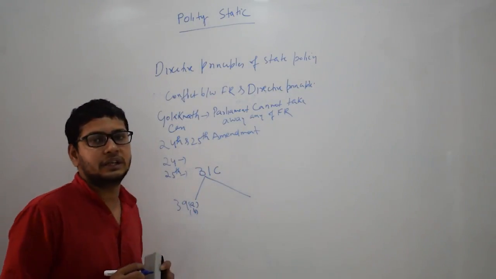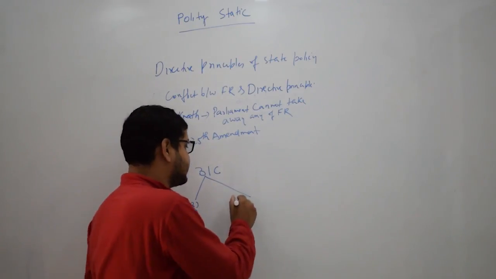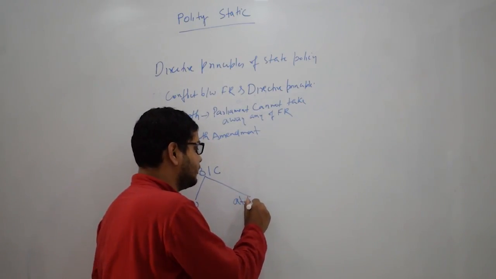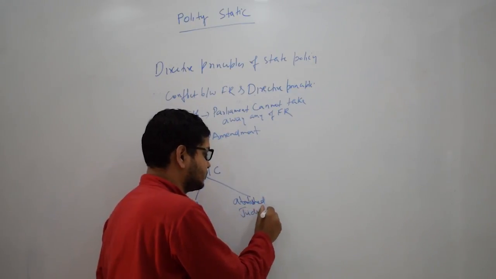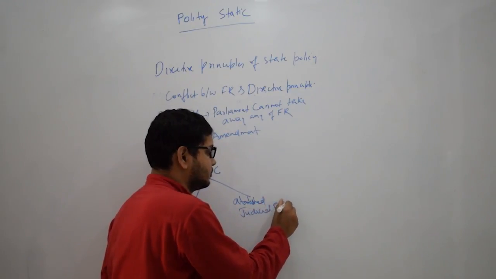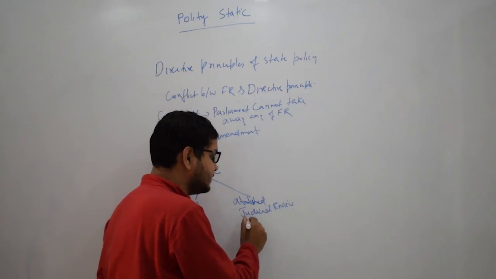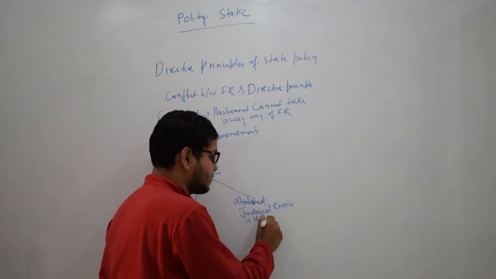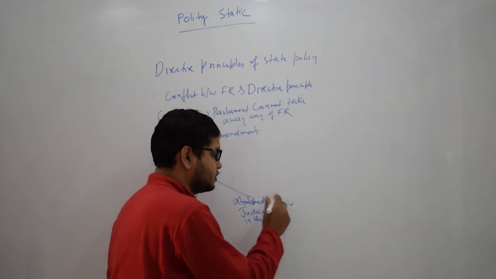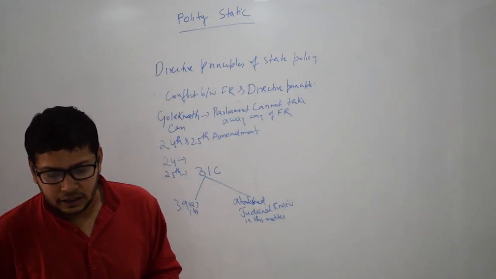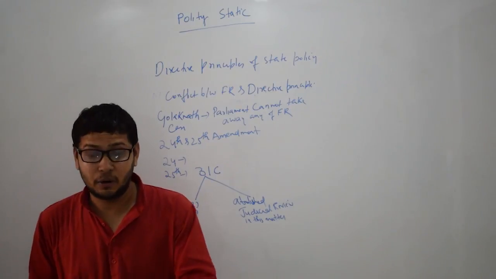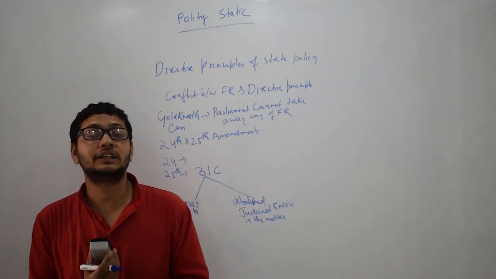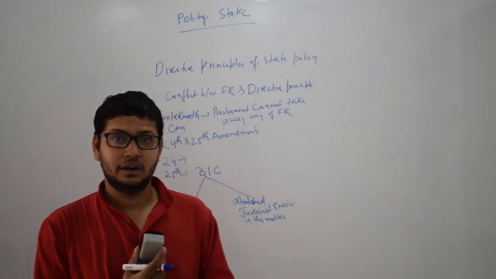The second provision is that it somehow abolished judicial review in this matter. It said that no law containing a declaration for giving effect to such policy shall be questioned in any court in India. Right?